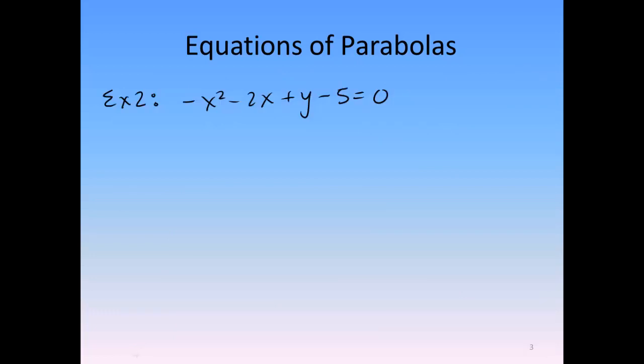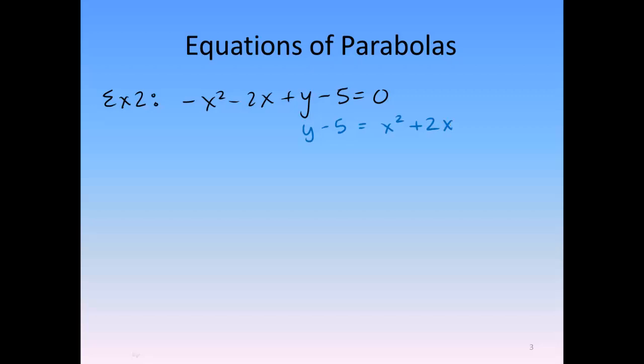All right, so for this one, which is number 2 off of your worksheet, again, we're going to move our x's together and move our y and stuff to the other side of the equation. But instead, let's actually keep that y minus 5 on the left side and move the squared term to the other side. So we'll just try it a different way. So I'm going to leave the y minus 5, and I'm going to add the other ones to the right-hand side.